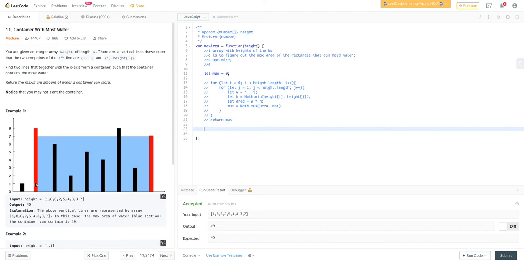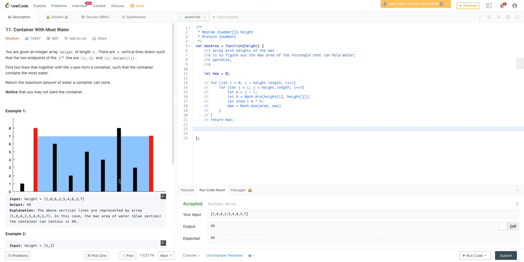So we can do the same thing where if the right is smaller, then we would move the right to the next index. The reason we want to pick the smallest one to go to the next round is because we want to find the max height.